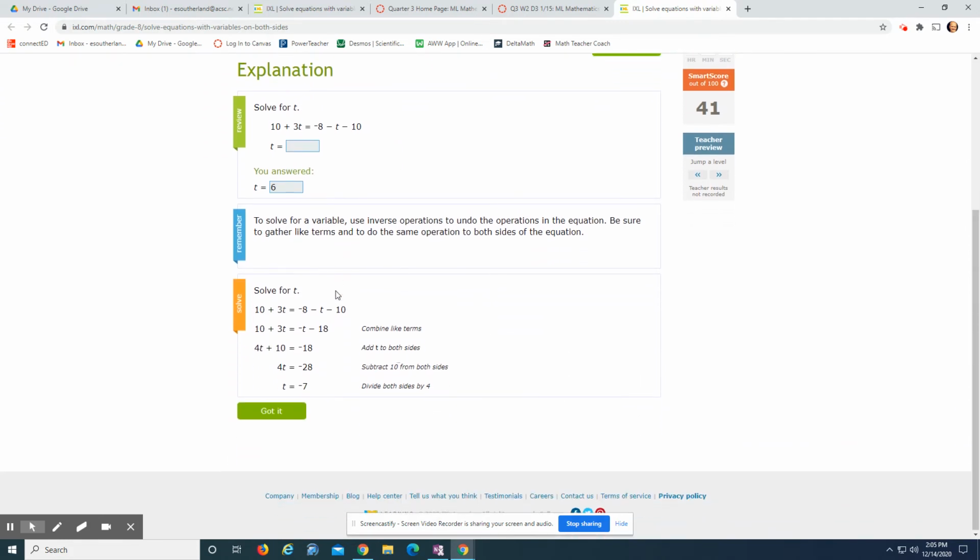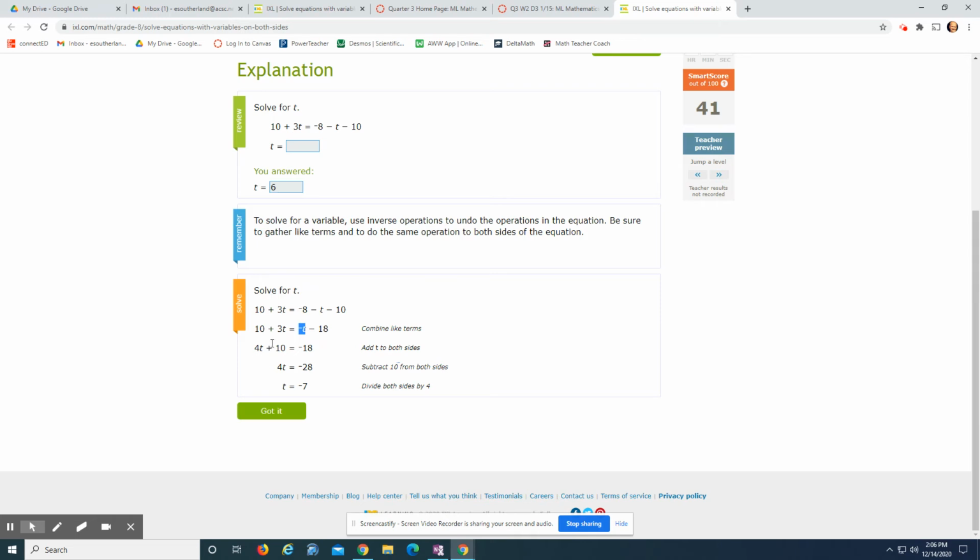But here's what you want to do. You want to scroll down to here to where it says solve. And so it's going to show you the equation, and it's going to say the first thing you're going to do is combine like terms. And so they combine negative 8 and negative 10 and got negative 18. And then it said add t to both sides so that you could get rid of this minus t.